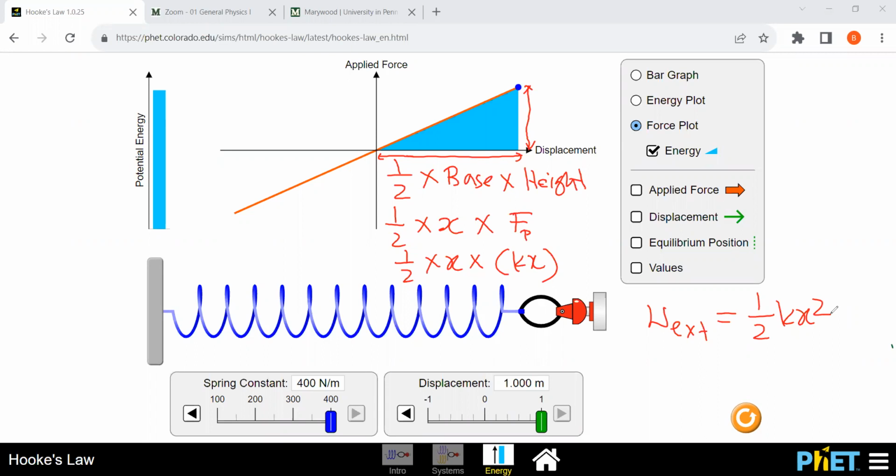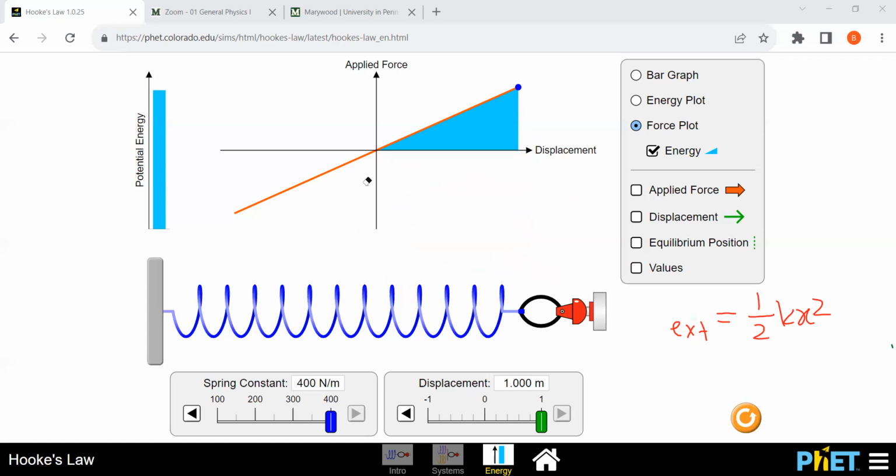The area under the force versus displacement graph is basically the work done. We will be doing at least one problem, and there you will see that we can determine the work done by just calculating the area under the graph.